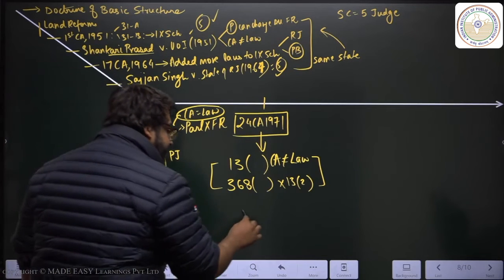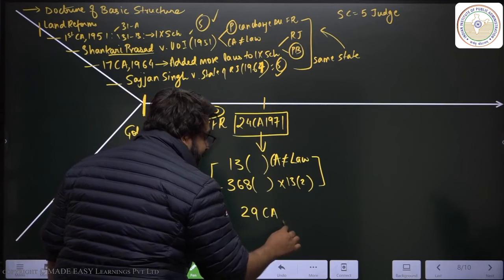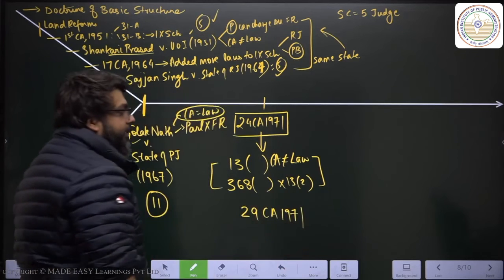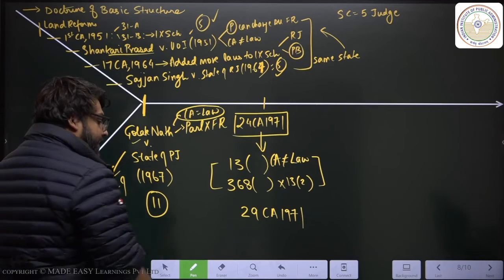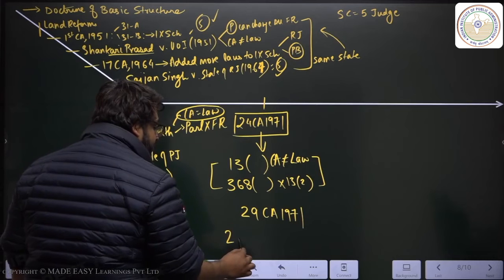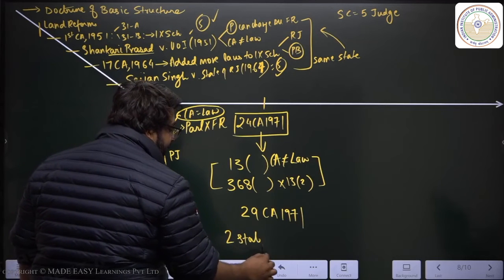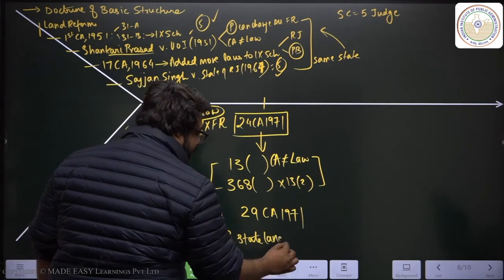And in the same year itself, she added the 24th Amendment of 1971, wherein they added 2 more state land reform laws.